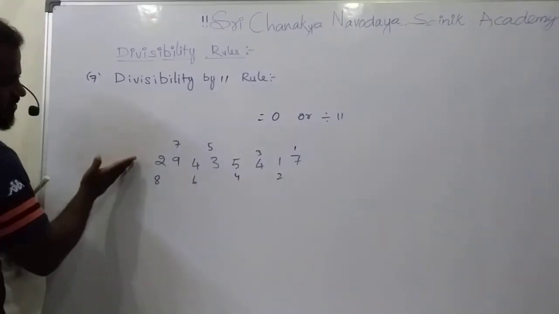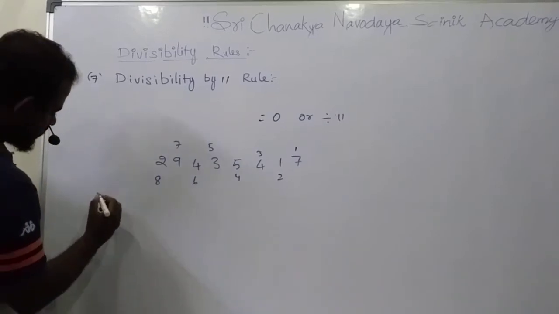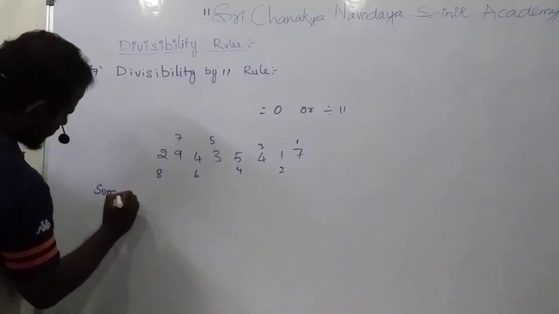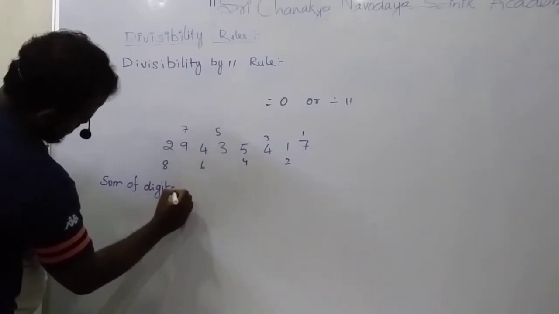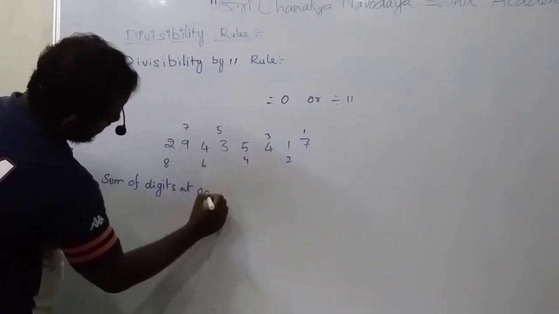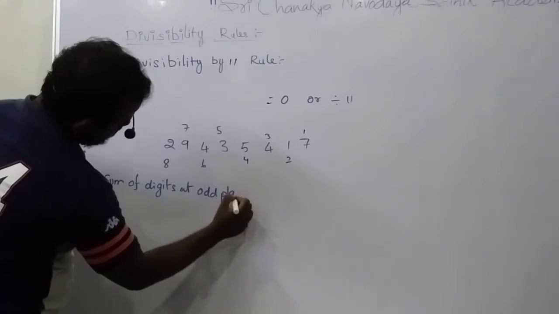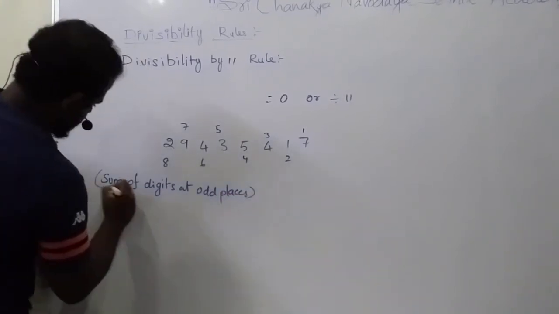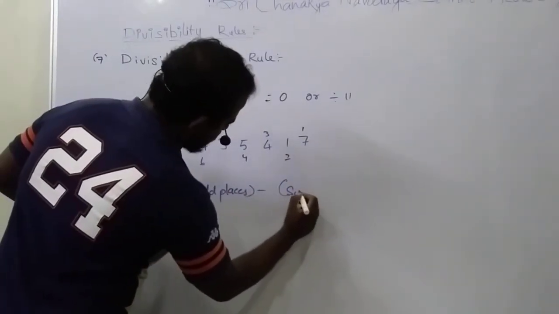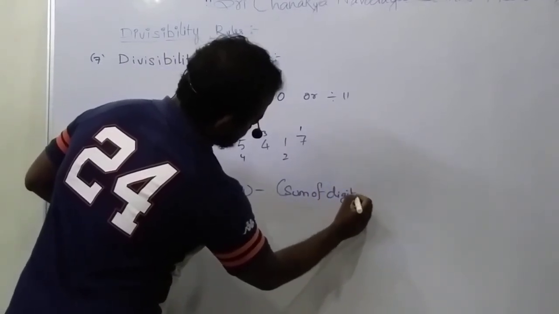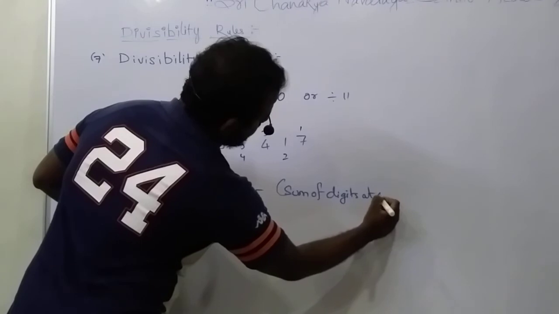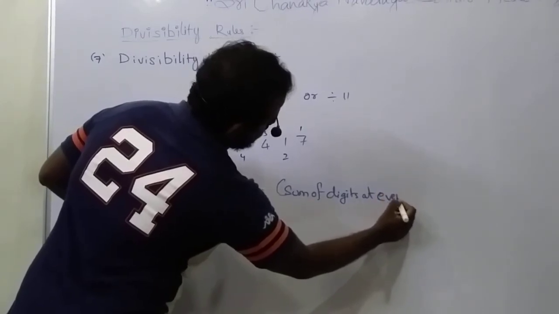So we will take this number into two sets. First is the sum of digits at odd places minus the sum of digits at even places.